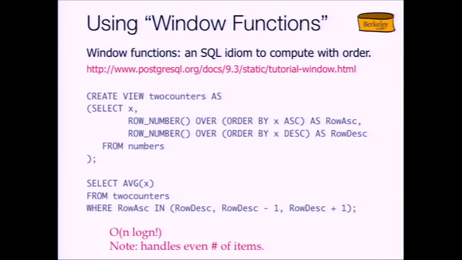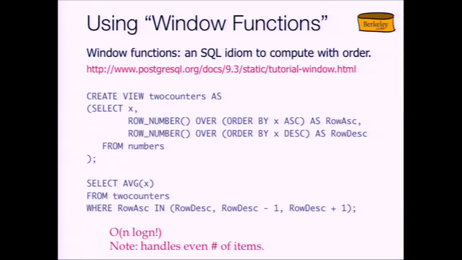So I've got a table numbers, and what I want to do is create a view over that table where the records in that view consist of three fields. The first field is this field X that comes straight from the records of numbers. And then this magic is kind of cool.